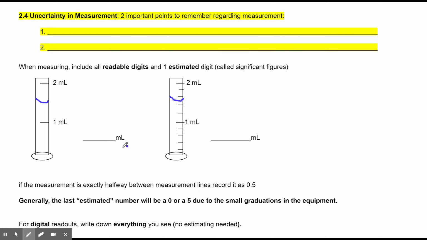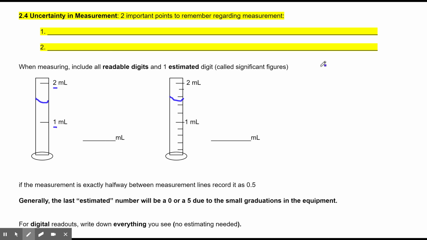However, since our intervals are a little bit different, we're going to include all readable digits. Our readable digits would be this 1 milliliter, this 2 milliliters, and then 1 estimated digit past.